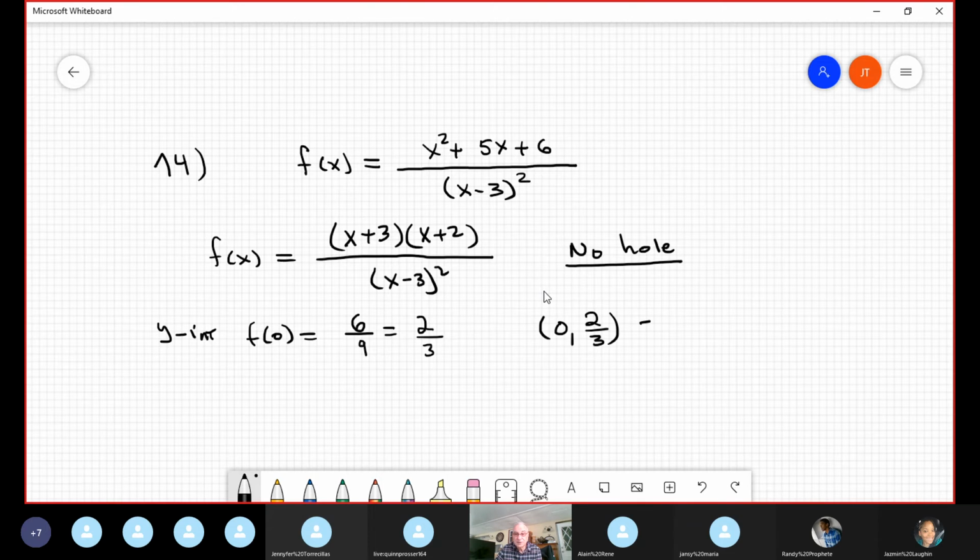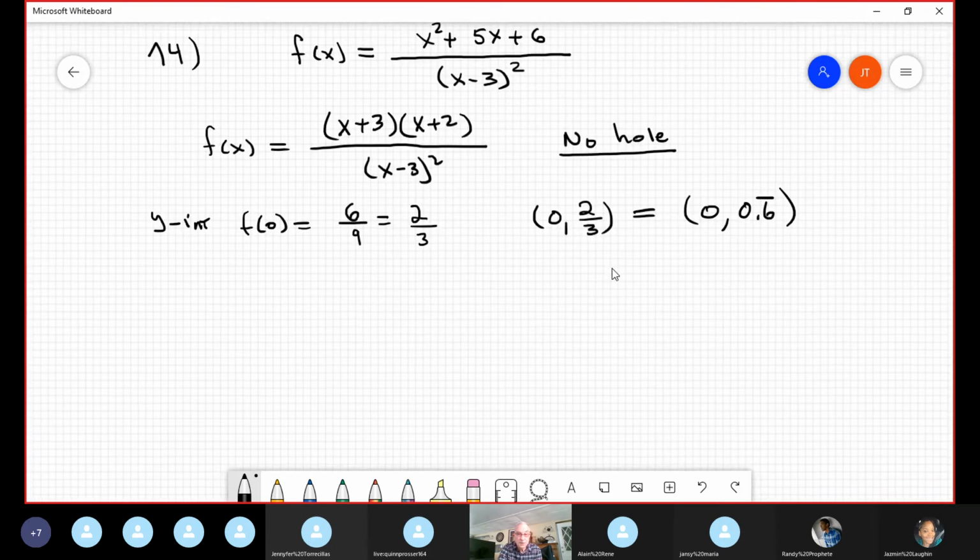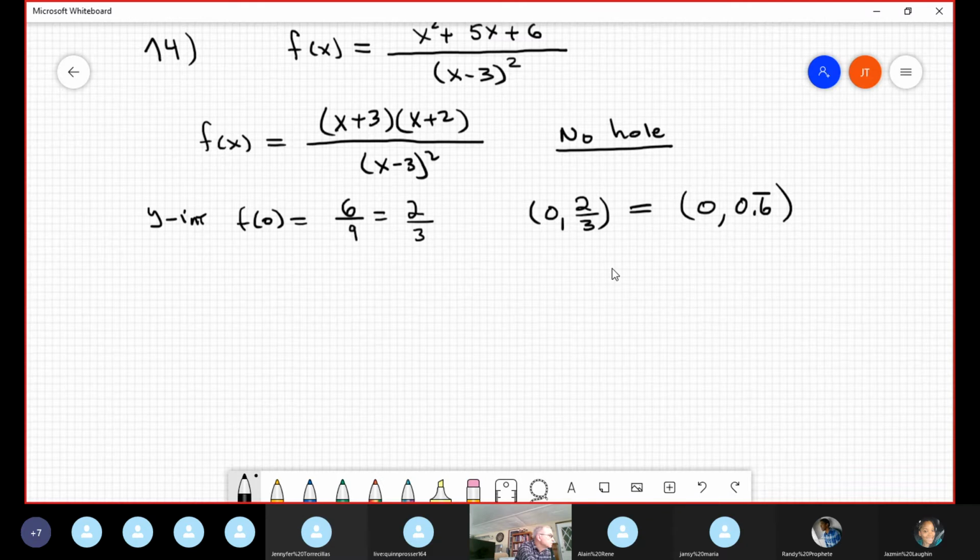Or if you want to express it in decimal approximation, it is 0.6 repeated. This is the y-intercept. Okay, good. Now, the x-intercept is when f of x is 0. Or equivalent to say the top, (x plus 3)(x plus 2) equals 0.